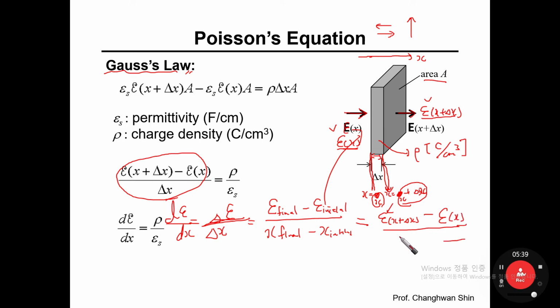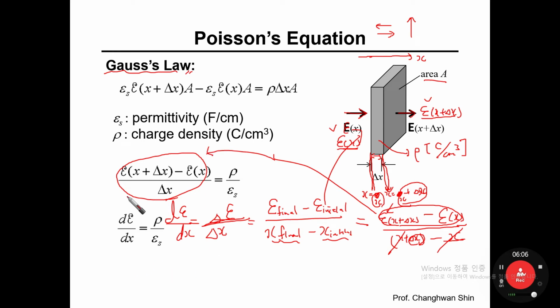The final position is x plus delta x, and the initial place is x. So we get delta x and E of x plus delta x minus E of x. You can see that equation on the left hand side.